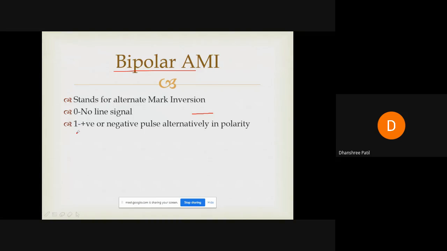And for 1, positive or negative, but alternately. If the first 1 represents positive, then the second 1 will represent negative. So alternately, 1 represents positive or negative.